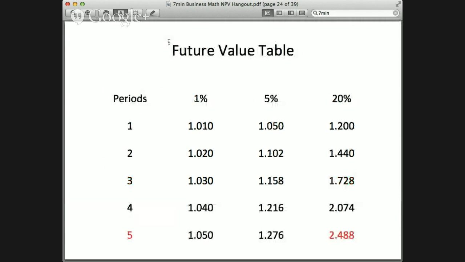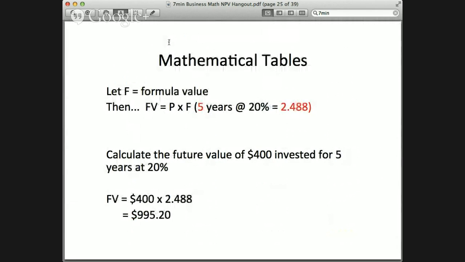Check it once more. 5 years, 20%, 2.488. So to calculate that out, it's $400 for the amount you've got today, the present value, multiplied by 2.488 because it's 20% over 5 years, which means now you have $995.20.